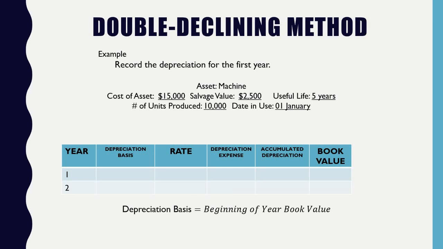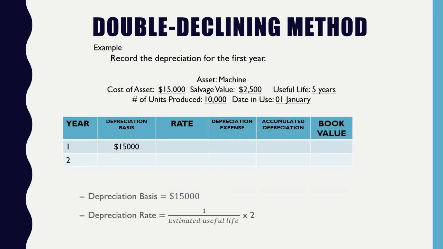If we have never depreciated the asset, the book value is going to equal the cost of the asset for the very first year. So in this case, $15,000 is what I'm going to put here.